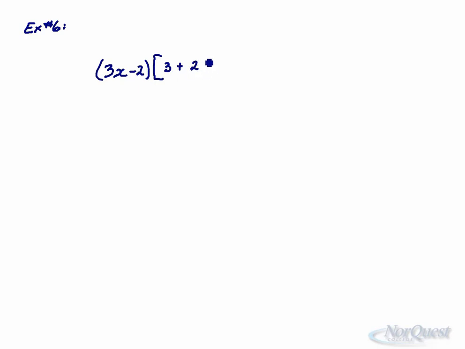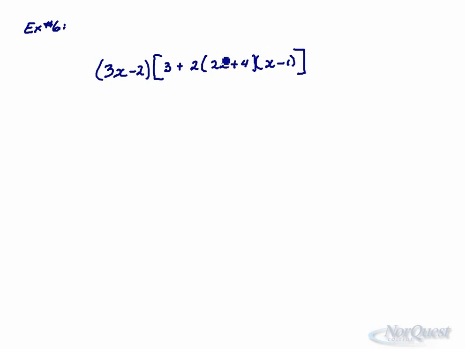So 3 plus 2 times 2x plus 4 times x minus 1. So again, just like we did in the last lesson, we're going to expand out our innermost brackets first, then do our multiplication. And we'll simplify as we go.